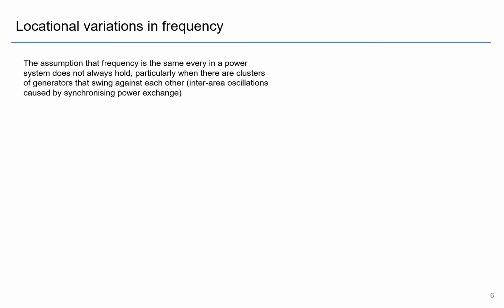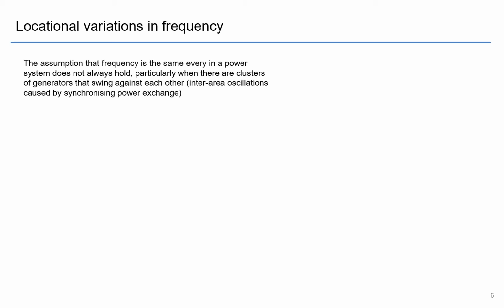Another complication in the measurement of system frequency is the assumption that frequency is the same everywhere in the power system. That doesn't hold all the time in real power systems, particularly when there are clusters of generators in geographically dispersed locations that swing against each other.